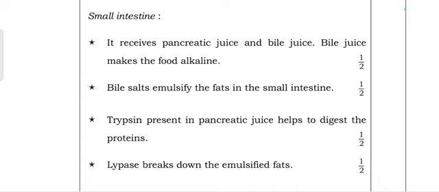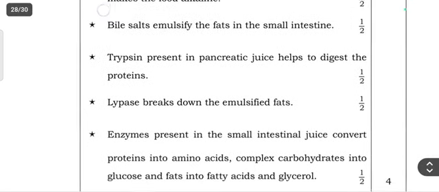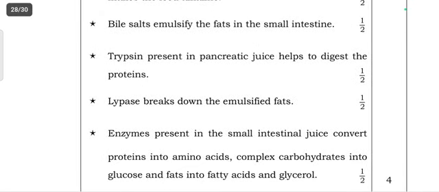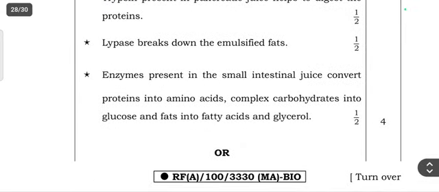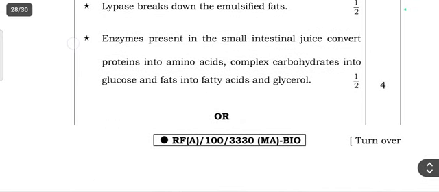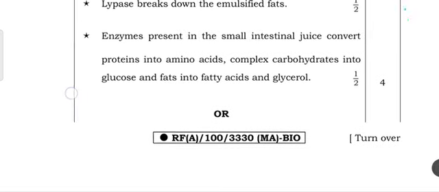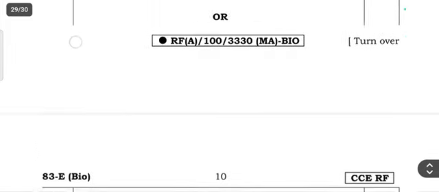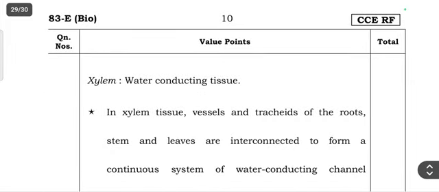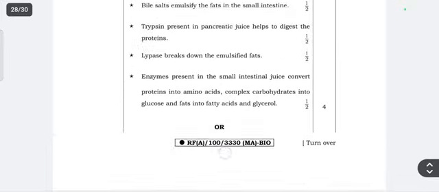That bile juice makes the food alkaline. Then bile salts emulsify the fats in the small intestine. Then trypsin present in the pancreatic juice helps to digest the protein. Lipase breaks down the emulsified fats. Enzymes present in the small intestine juice convert protein into amino acids, complex carbohydrates into glucose, and fats into fatty acids and glycerol. So that is the first question.